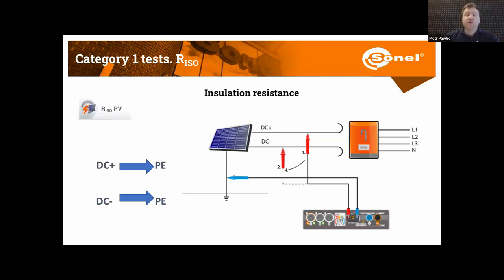We perform 2 tests for each string: between DC plus and the ground channel, and between DC minus and the ground channel. We read out the results, and if they are higher than half a mega ohm for the small systems and 1 mega ohm for the bigger systems, then the result of our test will be positive.